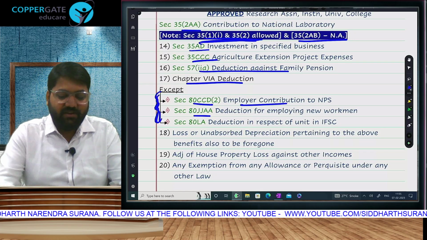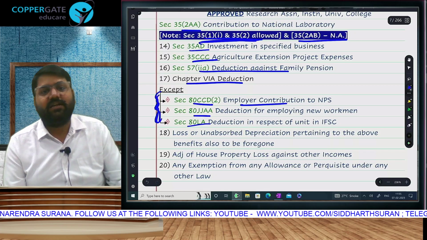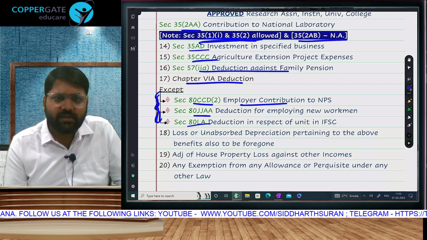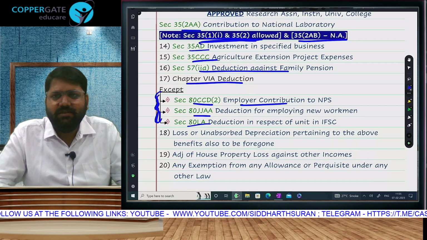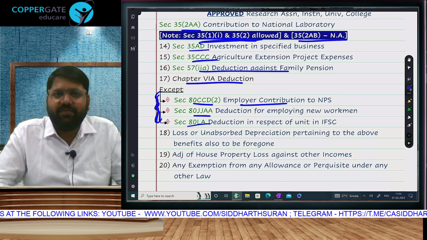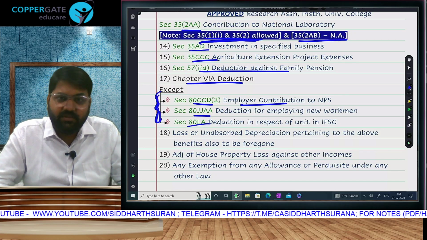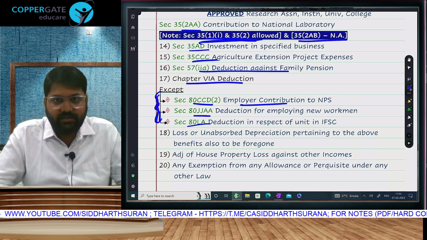This is allowed even in the new regime, and IFSC gets this deduction under 80LA, which I teach in class in the special rates of tax chapter: 100% deduction of profits for 10 consecutive years out of the first 15 years, if you remember. So 80LA, deduction in respect of unit in IFSC. Okay, these three will be allowed even in the new regime.